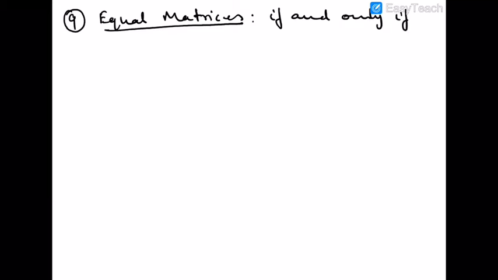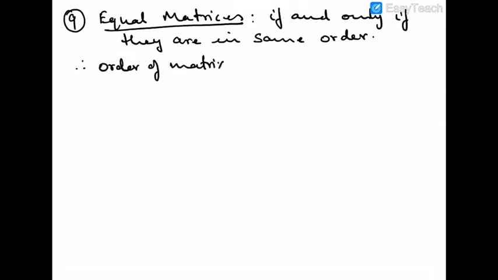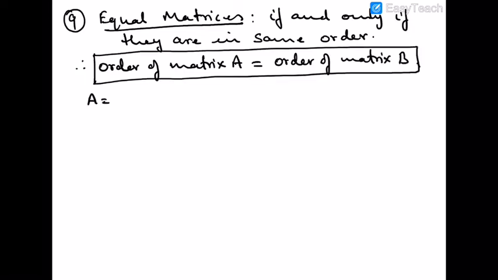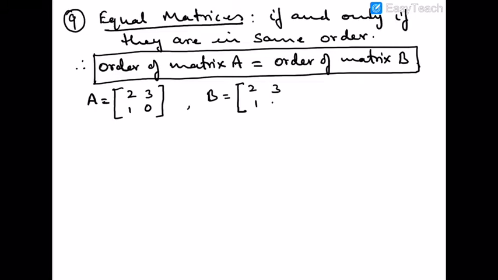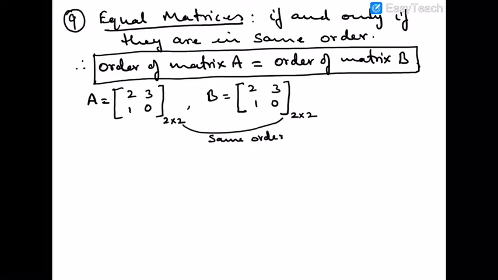Which means the order of A should be equal to the order of matrix B. So if matrix A is 2 3, 1 0 and matrix B is 2 3, 1 0, they both have the same order, so they are equal if their corresponding elements are equal.